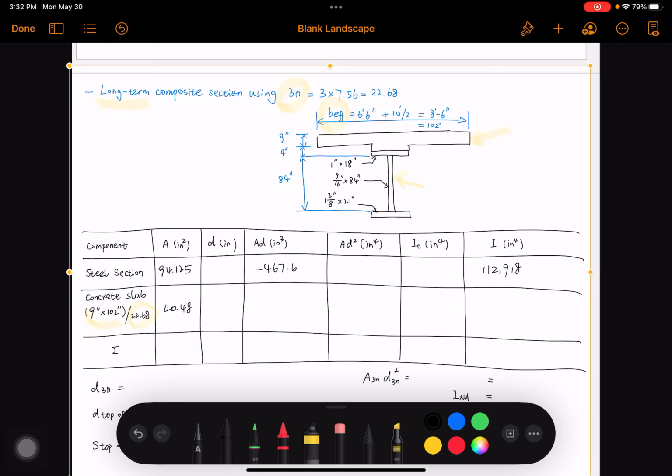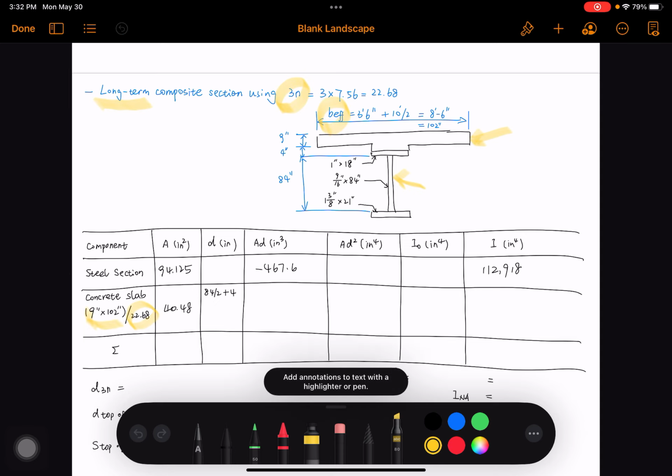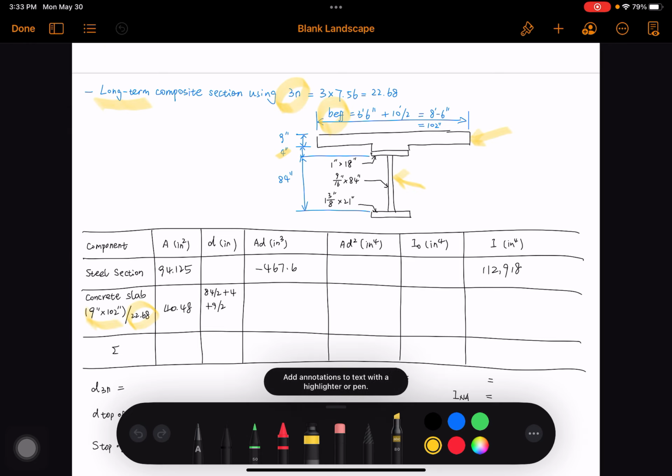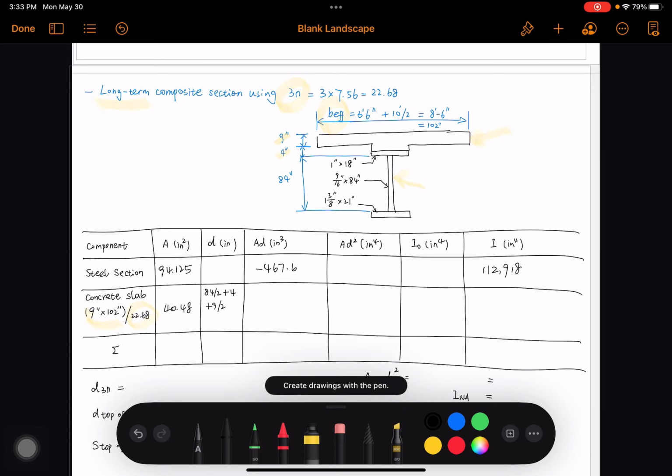D here is 84 divided by 2, half of the girder depth, plus 4 inch. The 4 inch here is the haunch, then plus 9 inch divided by 2. 9 inch is the deck thickness, and this gives 50.5 inch.